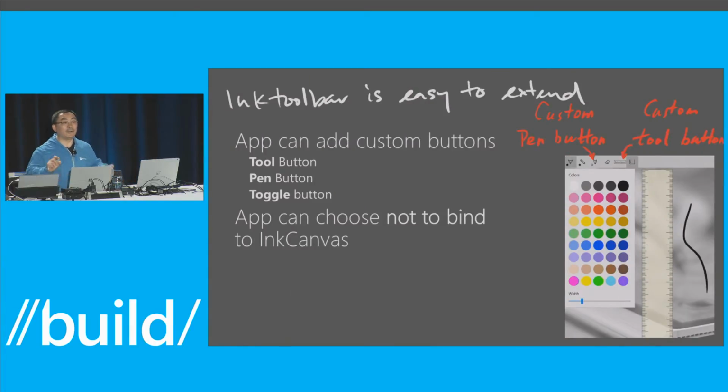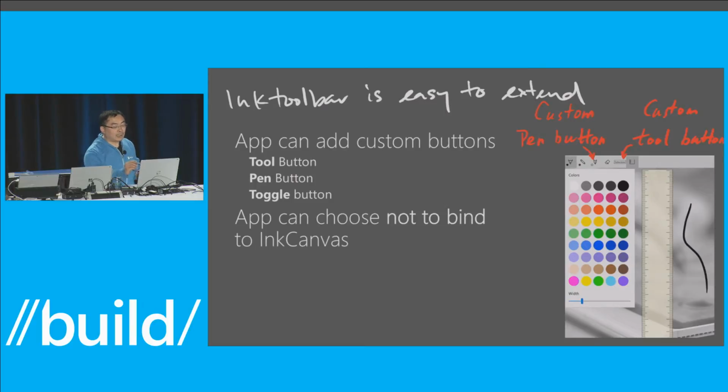Ink toolbar is also very easy to add new functionalities. Application can very easily add new tool buttons, new pen buttons, or new toggle buttons. What I'm showing here, I added 2 buttons.